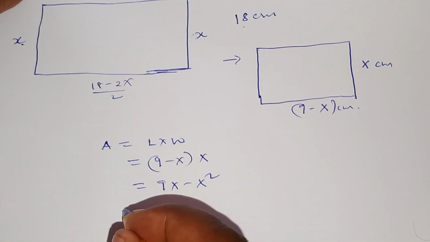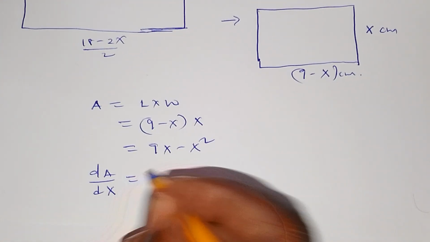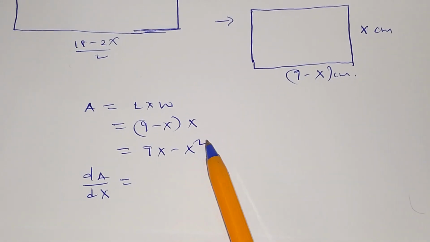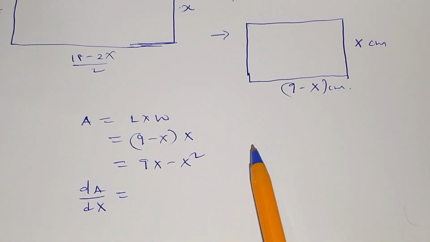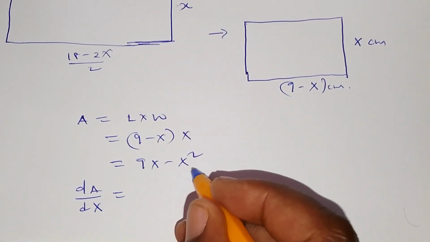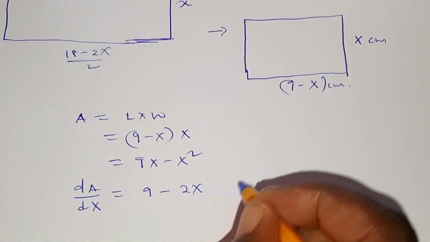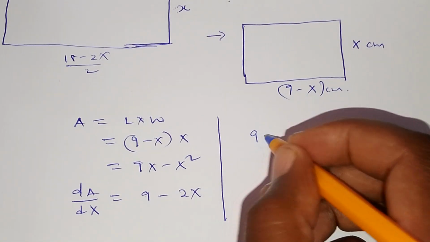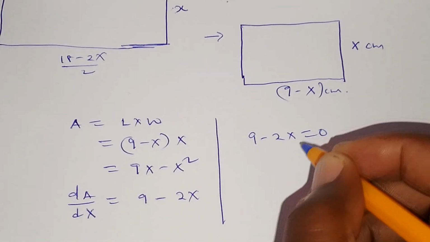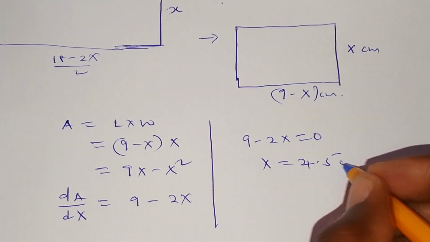So we have that. So if you differentiate area with respect to x and you set that equal to 0, you're going to get the dimension that is going to give you maximum area. Okay, so differentiate this function with respect to x, you're going to have 9 minus 2x. Okay, upon setting this 9 minus 2x equals 0, we are going to solve for x, which is 4.5 centimeters.